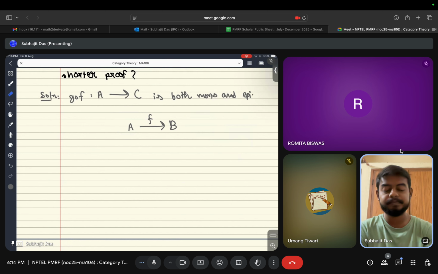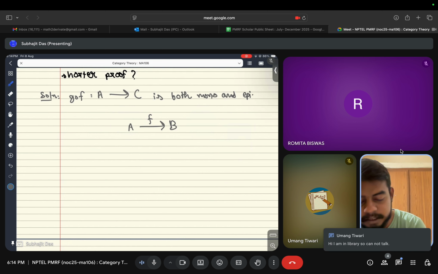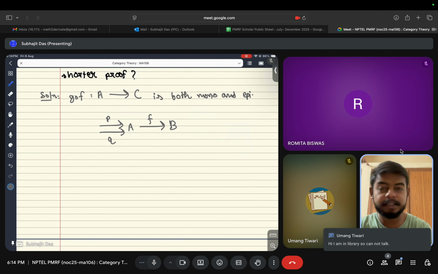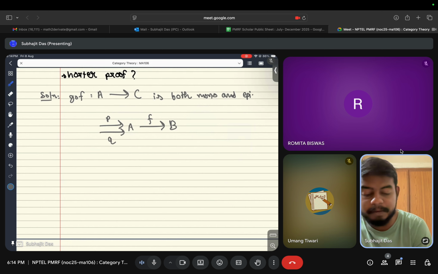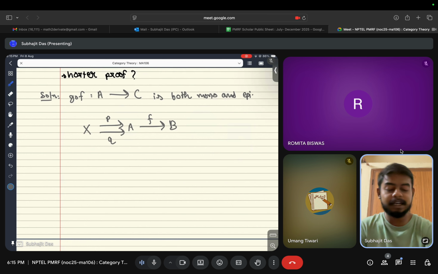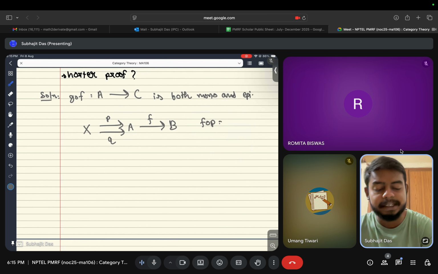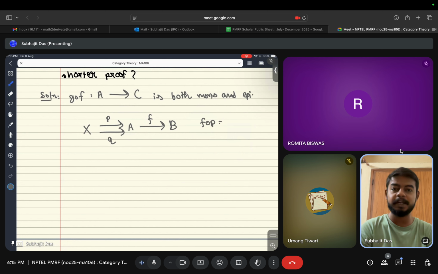So to show this, I need to start with two maps P and Q, and take an arbitrary object X. The condition that F composed P should be F composed Q in particular says that the domain of F composed P, which is the domain of P, should be equal to the domain of F composed Q, which is the domain of Q. So both P and Q should have the same domain, which is X. And F being composable with P and with Q guarantees that the targets of P and Q are both the domain of F, which is A in this case.